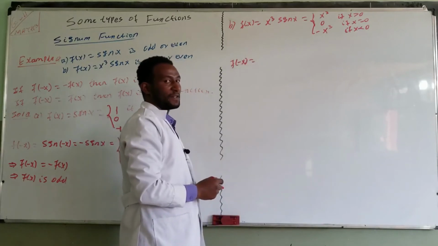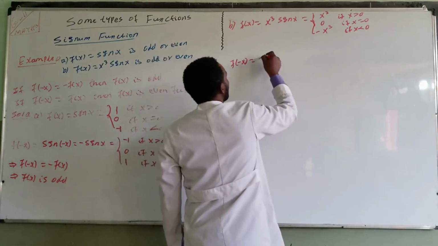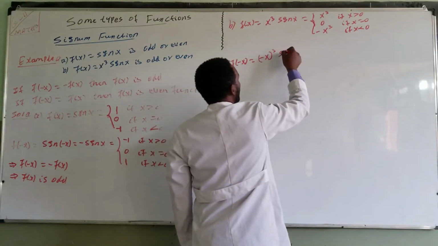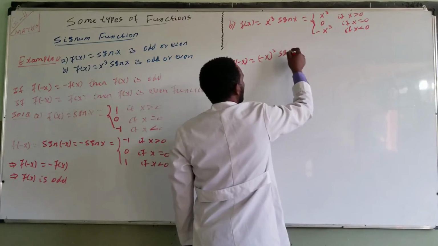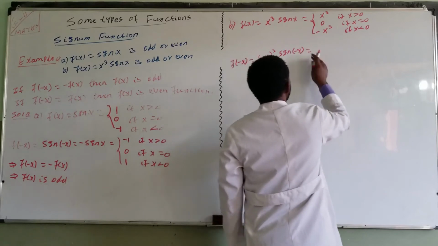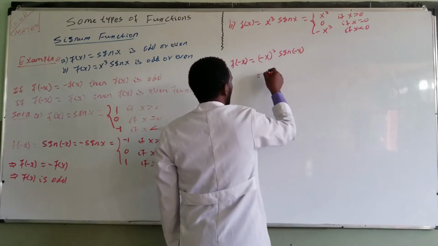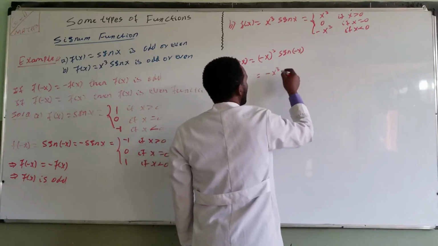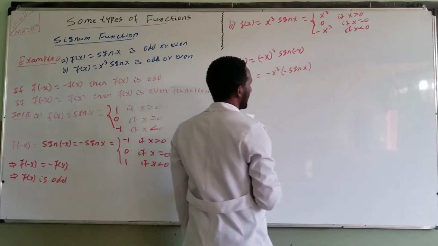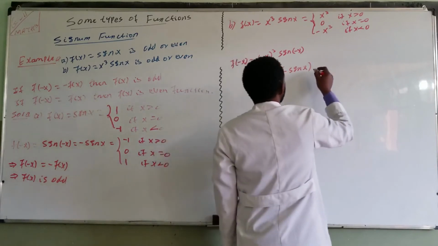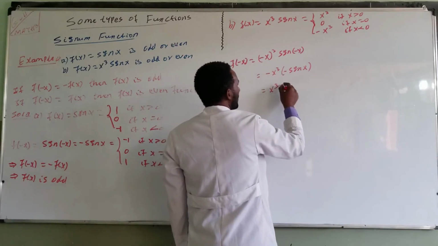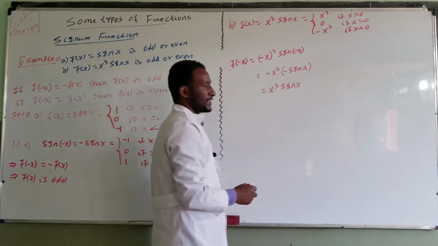Then to identify the parity of this function, let us see f of negative x, which is equal to negative x cube signum of negative x. Signum of negative x means negative signum x, which is equal to negative times negative x cube signum x.